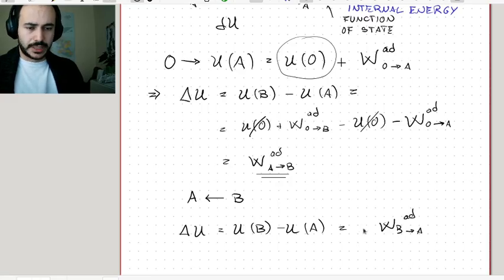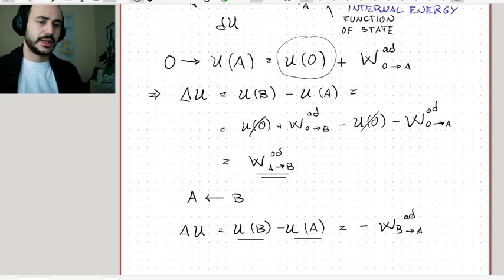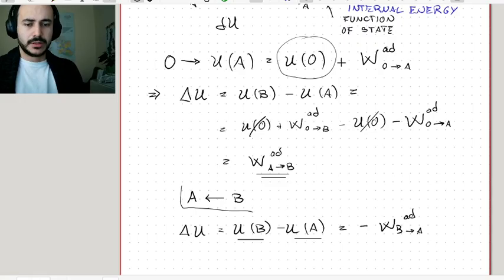And if you can do that, then you change the sign and you get the difference between the internal energy in B and the internal energy in A. So it doesn't matter that you cannot go from A to B, you can go from B to A in an irreversible fashion and measure how much adiabatic work you need to invest.